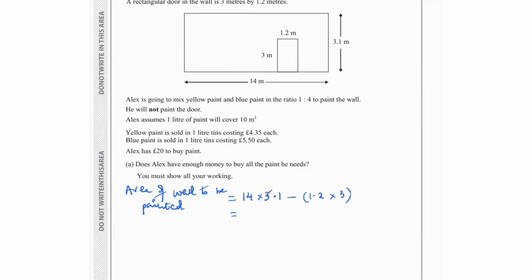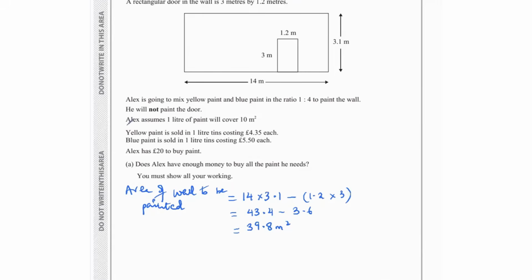So 14 times 3.1 is going to be 43.4, minus 3.6. That gives us 39.8 meters square. That's the area of the wall that's going to be painted.